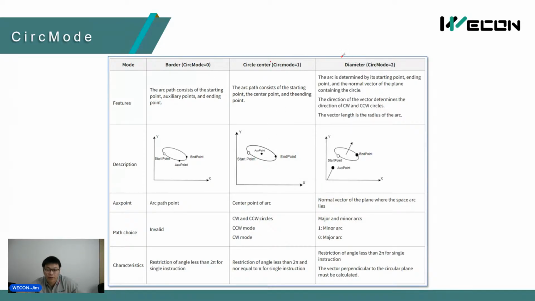And also we have the last mode. We call it diameter. And we need to set this circle mode as 2. In this mode, we use the normal vector of the plane containing the circle.